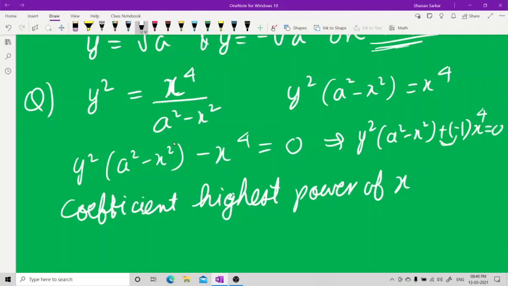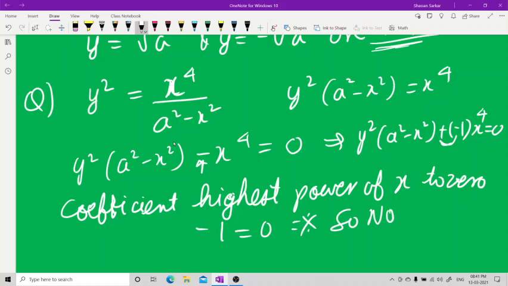Coefficient of higher power of x to 0. So here minus 1 equal to 0, a contradiction. So no horizontal asymptote.